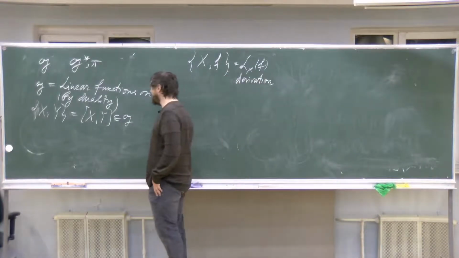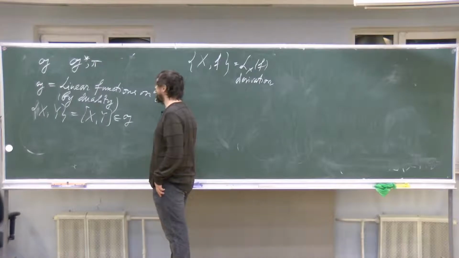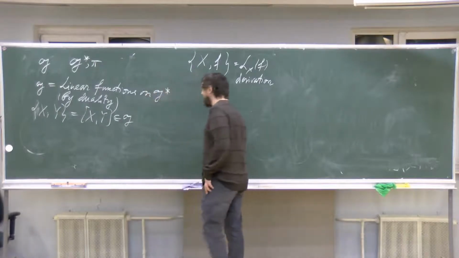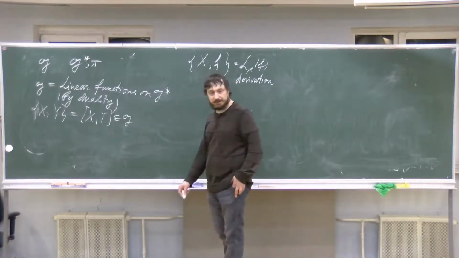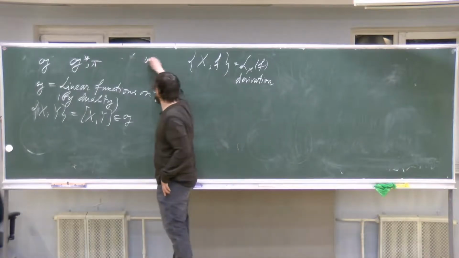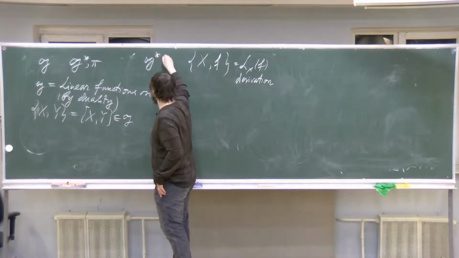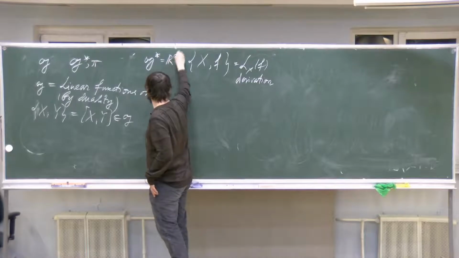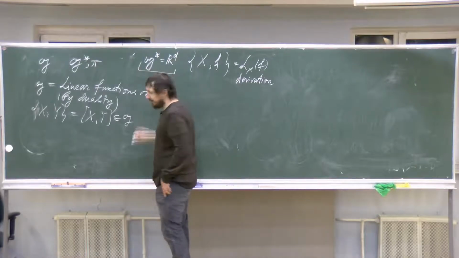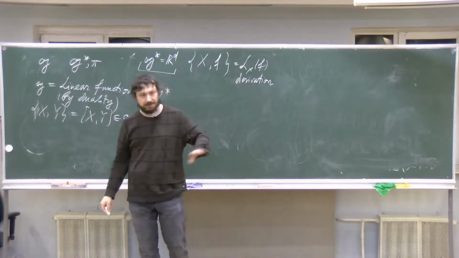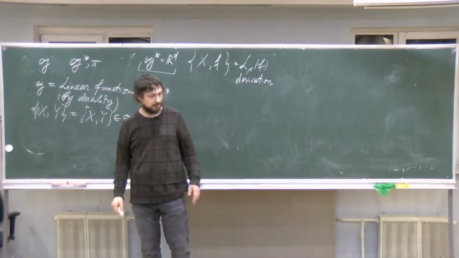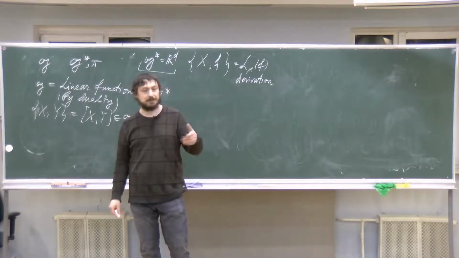Okay, so we have this. We have a Poisson structure, and one can apply Kontsevich's construction. So of course G star, topologically and even geometrically, is just R to the power d. So we can apply the Kontsevich construction directly here without any globalization. Of course, in the general case, you need a globalization procedure, which I omitted last time.